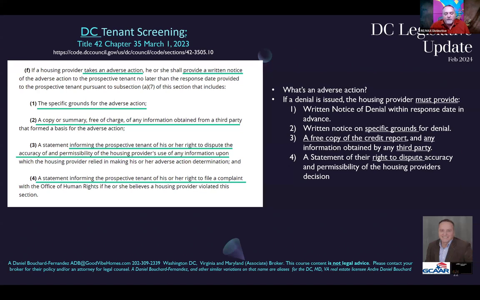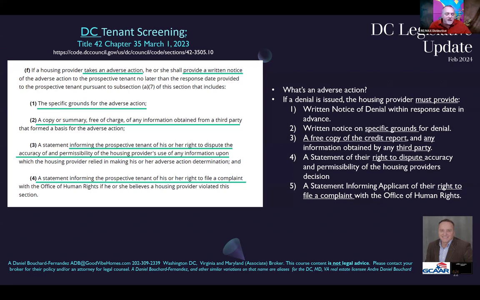So then we also have to provide them with a statement of their right to file a complaint with the Office of Human Rights if he or she believes that a housing provider violated this section. So we all know that source of income is a protected class. So if we are putting a total income necessary to qualify for the rent as one of the criteria, and we're going to say that you must have total income of X, then you must include in that calculation for X anything that's provided for within the voucher system.